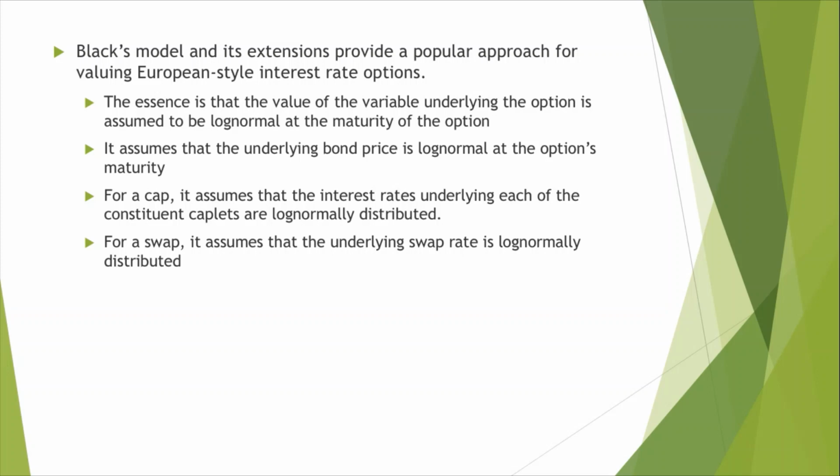It also assumes that the underlying bond price is lognormal at the option's maturity, and for a cap, it assumes that the interest rate underlying each of the constituent caplets is lognormally distributed. And finally, for a swap, it assumes that the underlying swap rate is lognormally distributed.